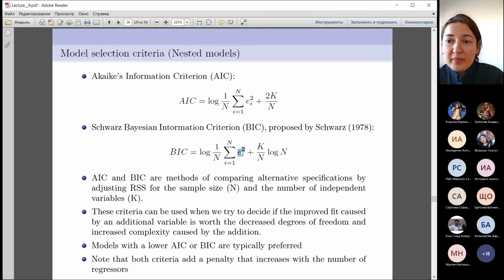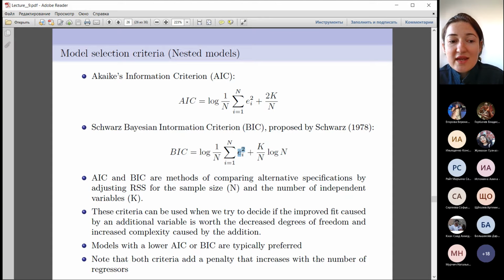They just involve the residual sum of squares to create some kind, let's say, of index that penalizes by the degrees of freedom.